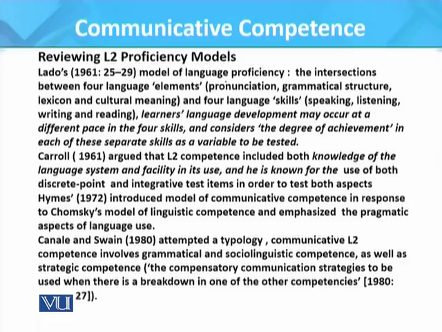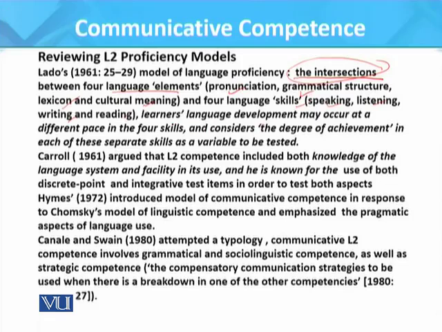Lado described a model of language proficiency as the intersections between 4 language elements, which are pronunciation, grammatical structure, lexicon, and cultural meaning, and 4 language skills, which are speaking, listening, writing, and reading. So intersection is basically the junction. The proficiency is the junction or a joining point between the language elements and the skills.